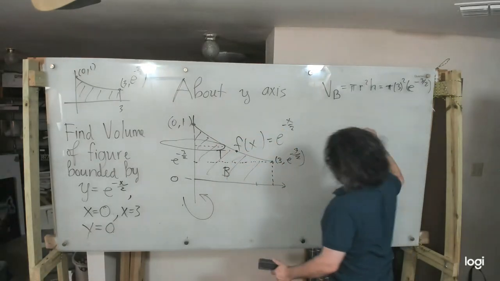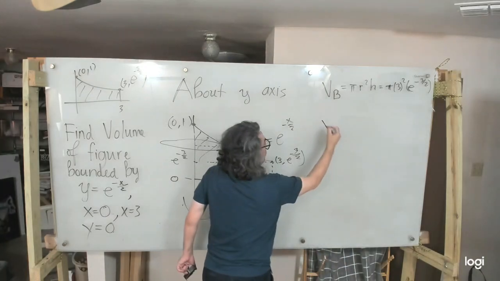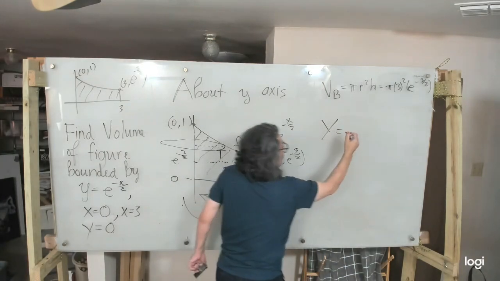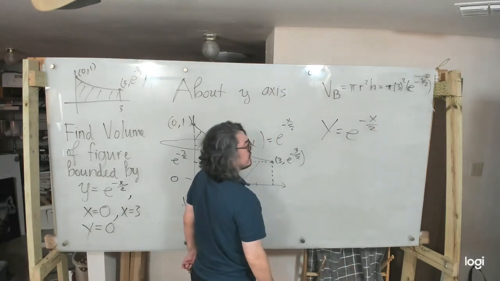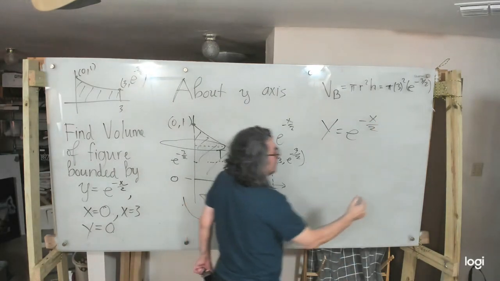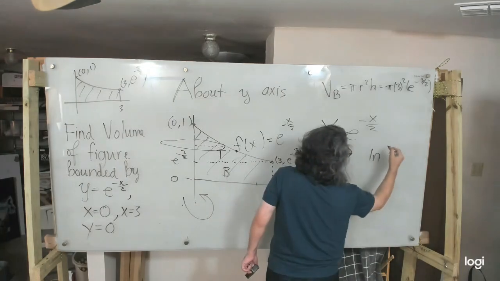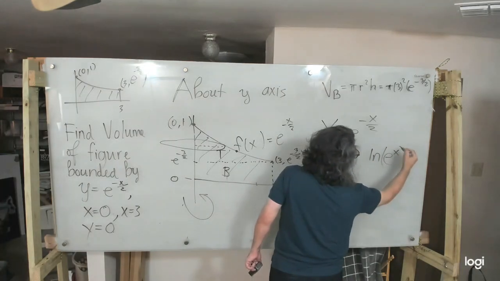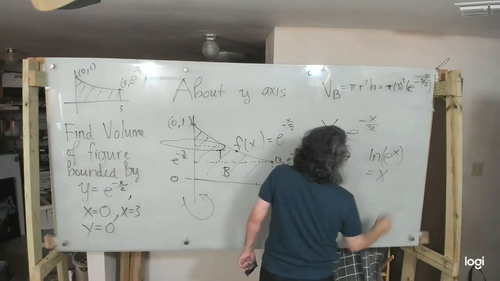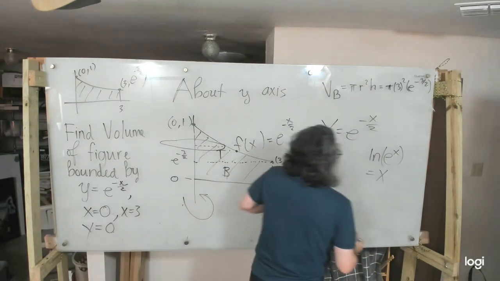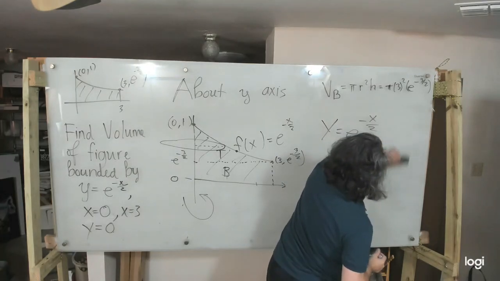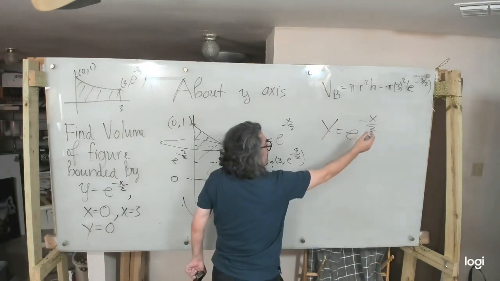Okay, so let's do this here. If y is equal to e to the negative x over 2, I want to solve it for x. Now we know that the ln of e to the x is equal to x because that's one of the inverse properties of the log. So knowing this fact, I'm going to take the ln of both sides.